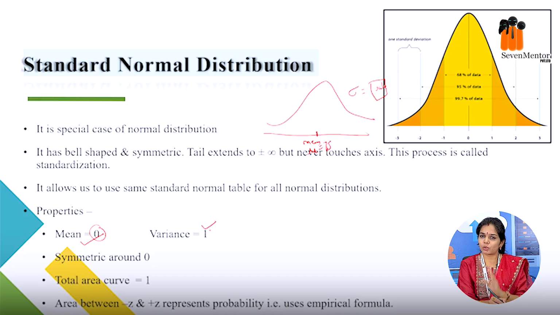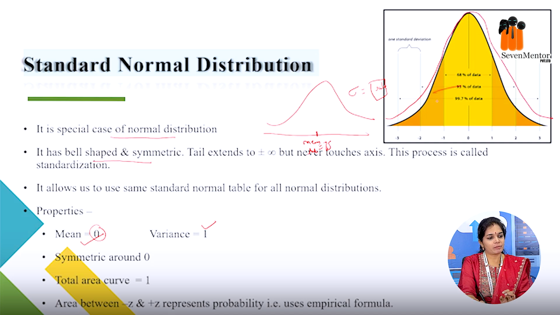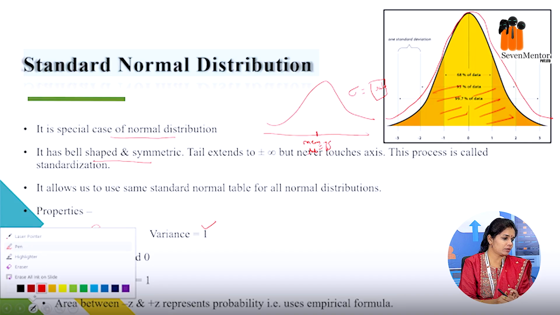So this is the only change, and we can change the distribution from normal to standard normal and then work on it. So this is a special case of the normal distribution. It is bell shaped and symmetric. Here you can see it is bell shaped and the data is symmetric. So here we have the drawing.